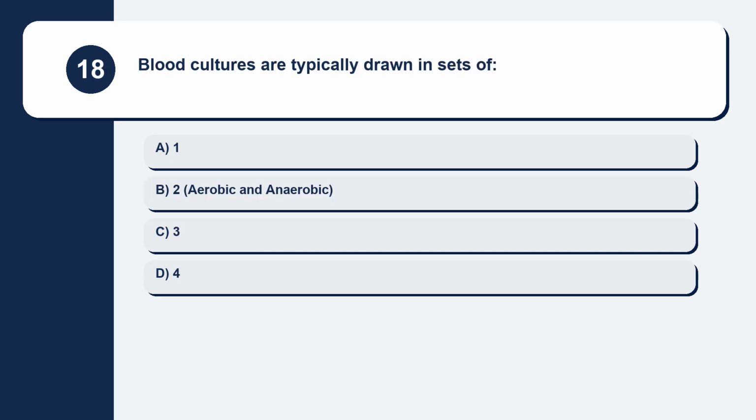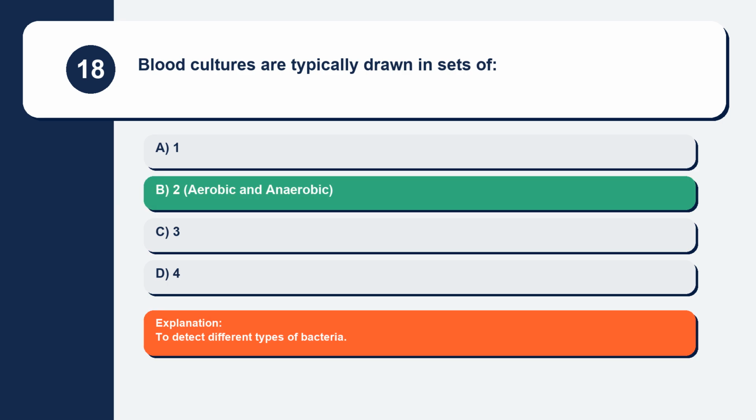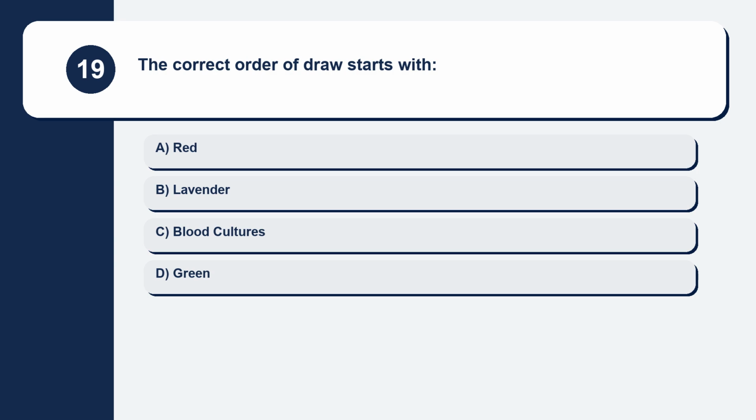Question 18. Blood cultures are typically drawn in sets of 1, 2 aerobic and anaerobic, 3, or 4? To detect different types of bacteria. Question 19. The correct order of draw starts with red, lavender, blood cultures, or green?